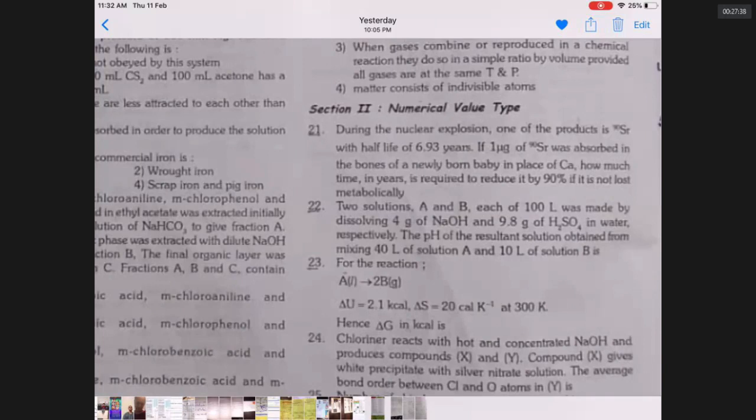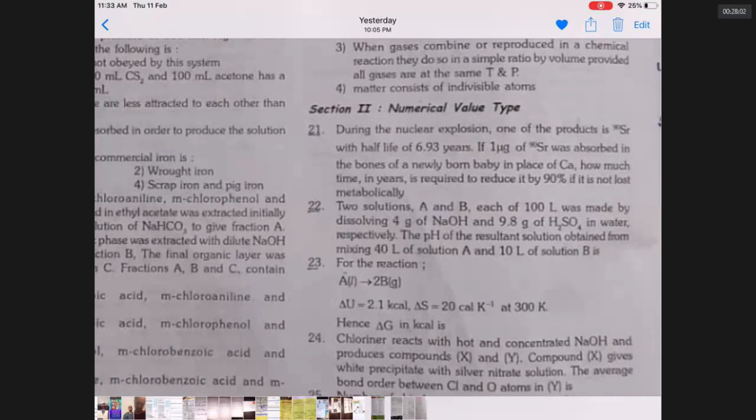Now, what I have taken, 4 by 40, 0.1 mole of NaOH, that is 0.1 equivalents. I have taken 9.8 by 98, 0.1 mole of H2SO4, which is equal to 0.2 equivalents of H2SO4, right?